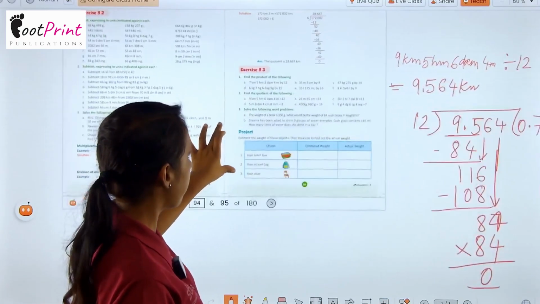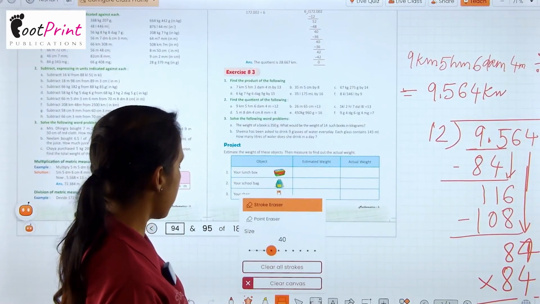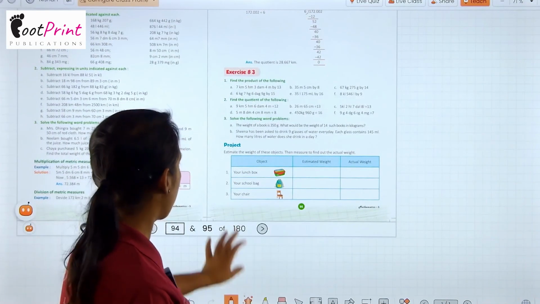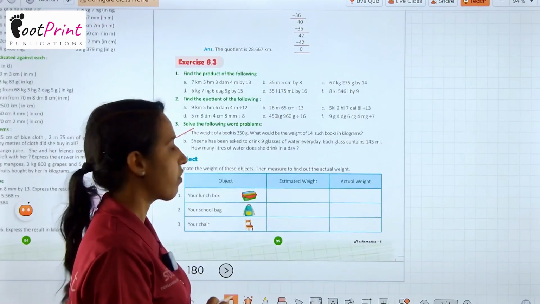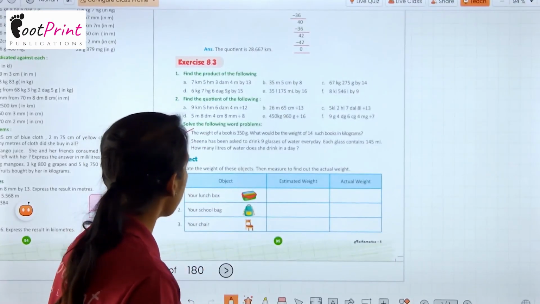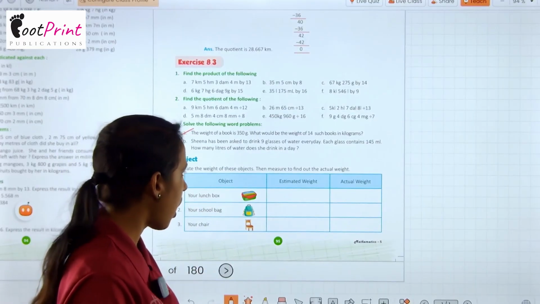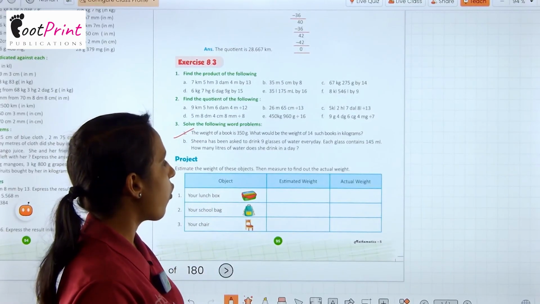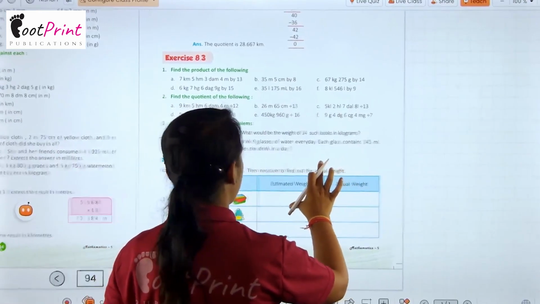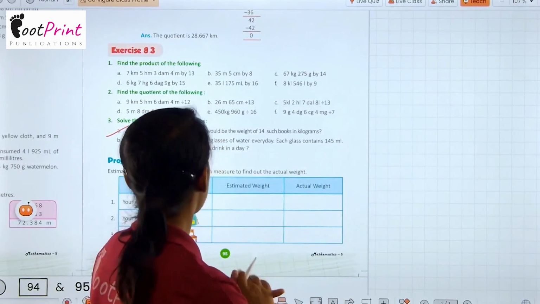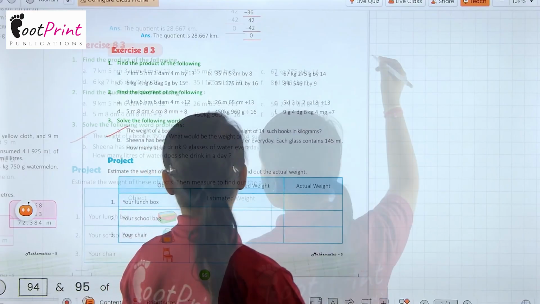Now we have question number 3. These are word problems. One I have solved for you for your reference. Here the weight of a book is 350 gram. What would be the weight of 14 such books in kilograms? हमें बताना है kilograms में अगर हम मेजर करें तो इन बुक्स का कितना weight होगा.